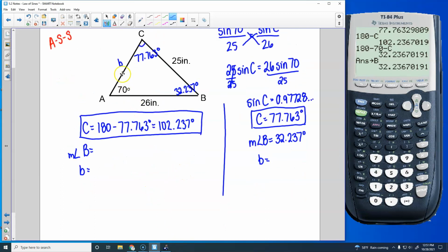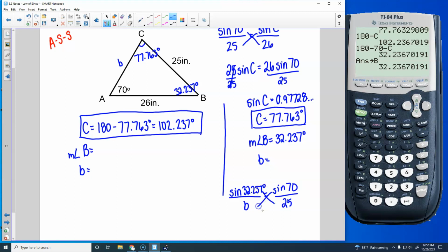So to find side B, I would have to do sine of 32.237 degrees over B equals sine. You could use either one of these. You could use 70 and 25, or you could use C and 26. I usually try to use the one that's original from the problem. So I'm going to do sine 70 over 25, so I don't have to worry about rounding or anything there.